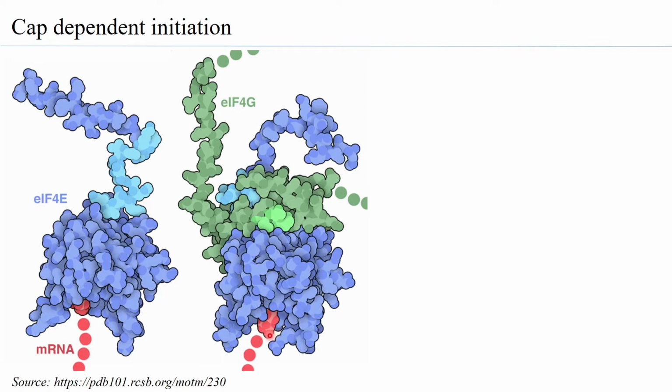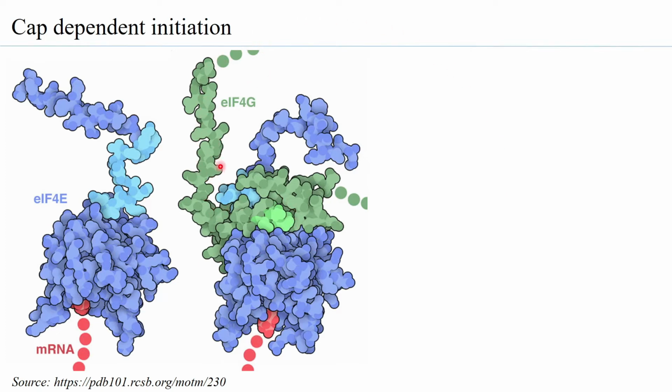So binding of the EIF4E to the mRNA is enhanced by binding of the EIF4G to the EIF4E. Interestingly, the binding of the EIF4G to the EIF4E also ensures that this mRNA is bound to the EIF4G.